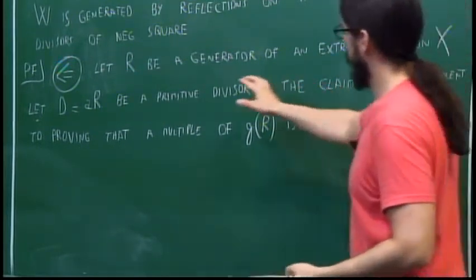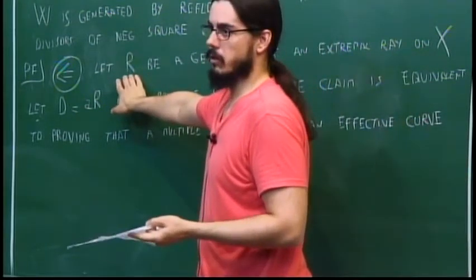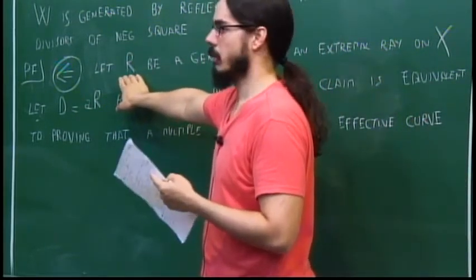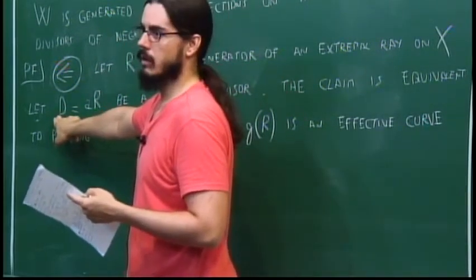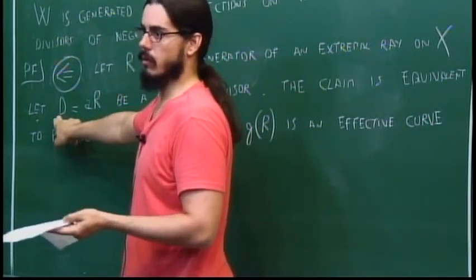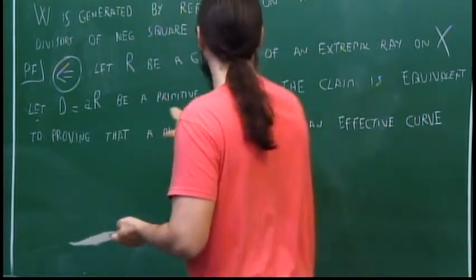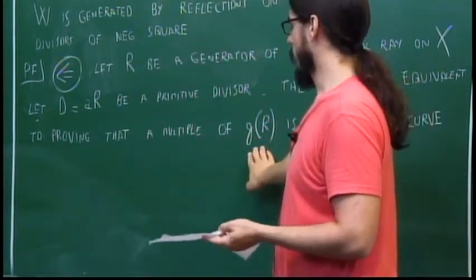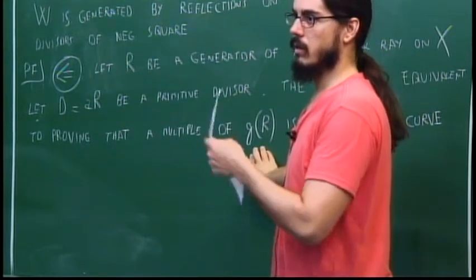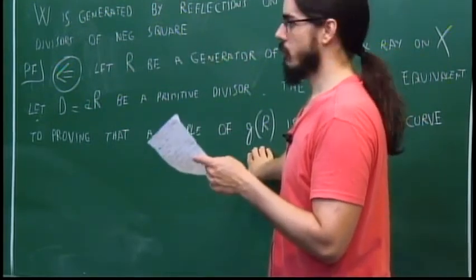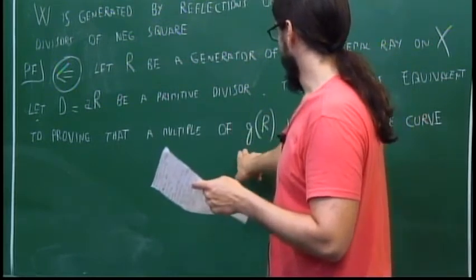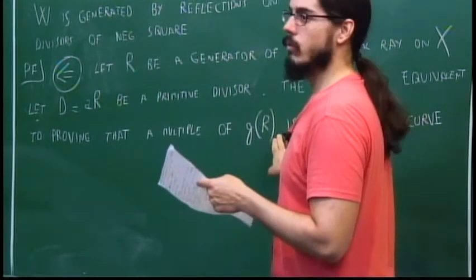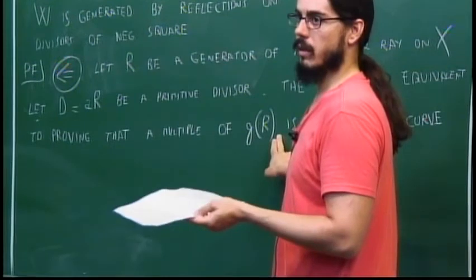As R is a generator of an extremal ray of the Mori cone, R orthogonal, which is the same as D orthogonal, does not intersect the Kähler cone of X. And if this curve stays effective for all monodromy Hodge isometries, then also the orthogonal to this curve will not intersect the Kähler cone.